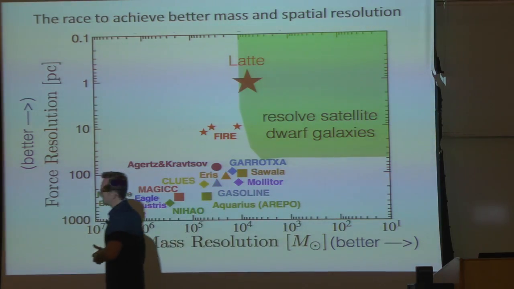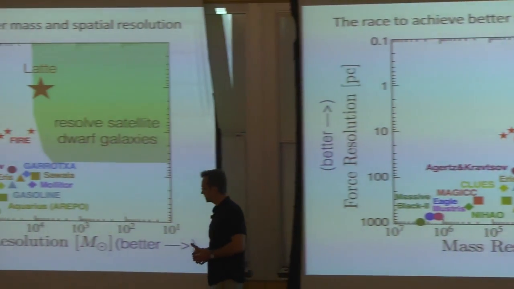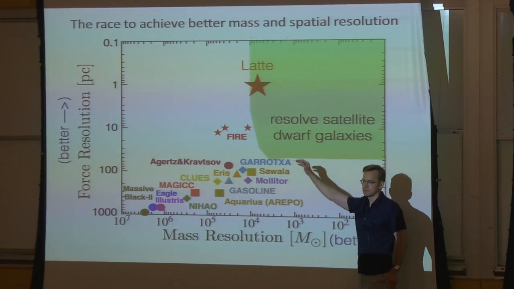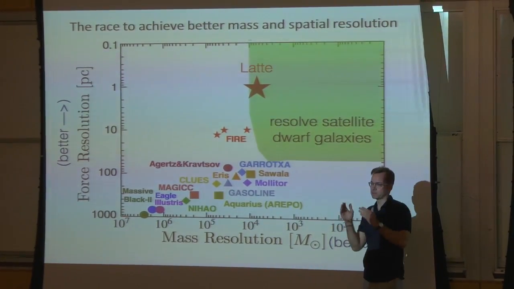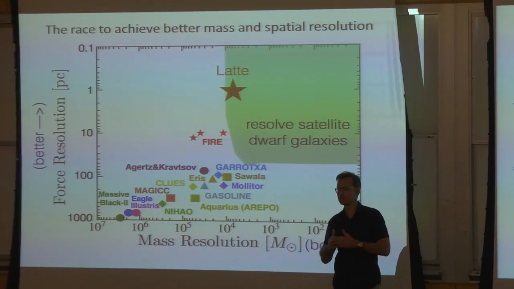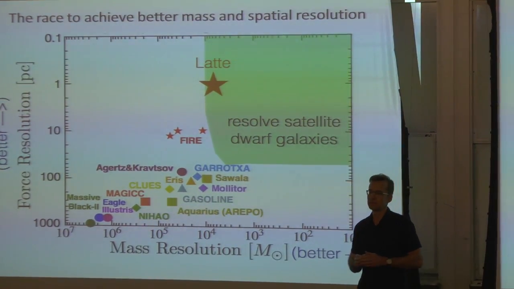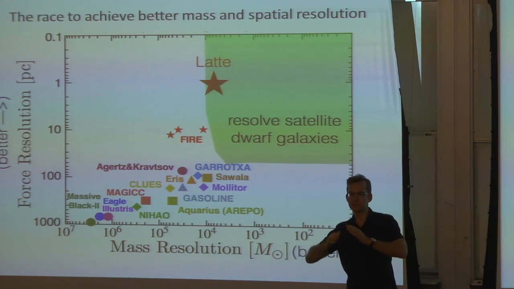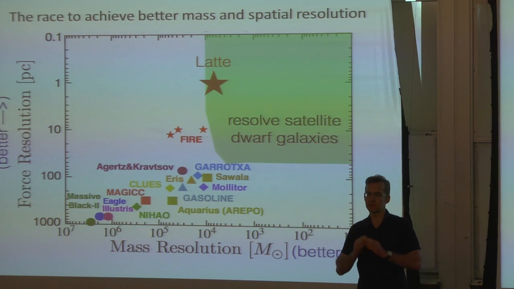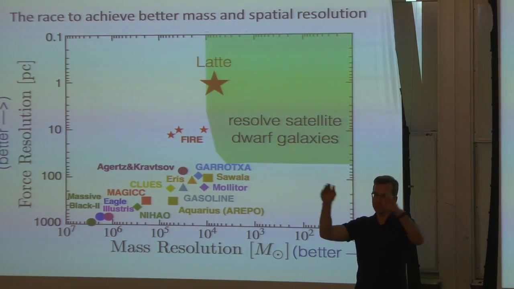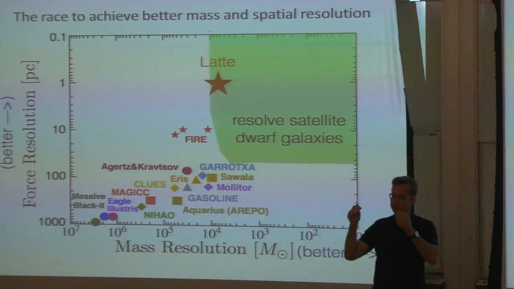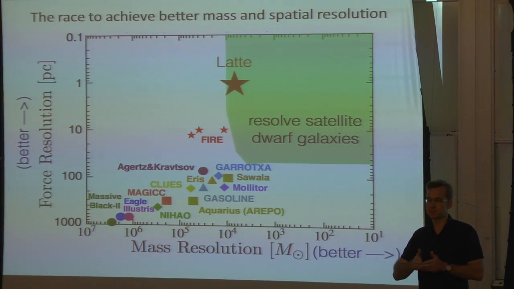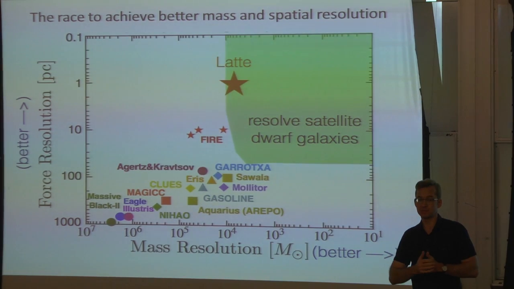And what you can see here is a comparison of different simulations on a plot of mass resolution and spatial resolution. And resolution for any numerical study is key. So mass resolution is the smallest mass of a particle or cell or gas particle that we can have in a simulation. Once we have a cube which we're simulating, the total amount of mass is fixed. We're discretizing in mass, and we're discretizing in space.